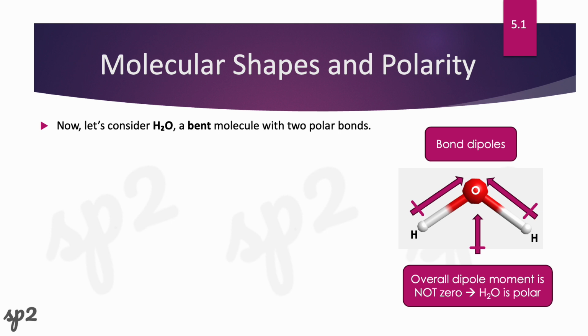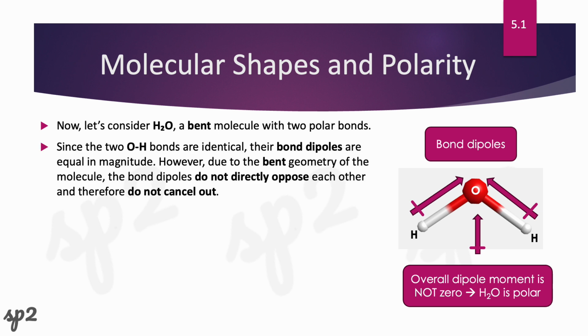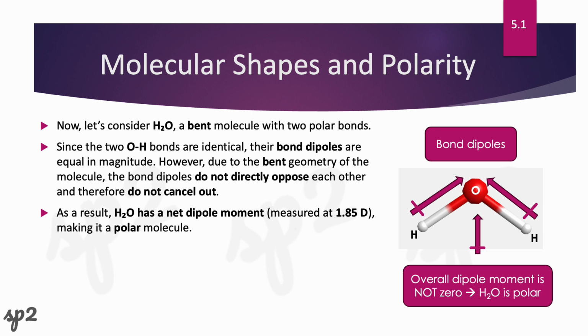Now, let's consider water, a bent molecule where we have two polar bonds. Since the two OH bonds are identical, their bond dipoles are exactly the same in magnitude. However, due to the bent geometry of the molecule, the bond dipoles do not directly oppose each other, and therefore they are not going to cancel each other out.